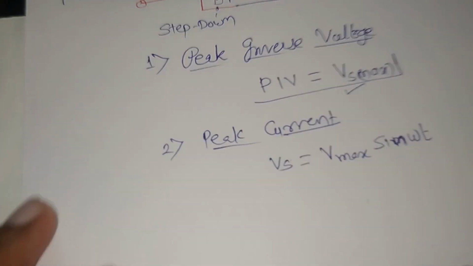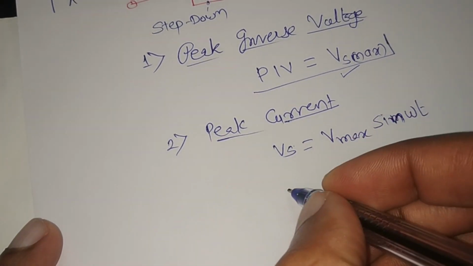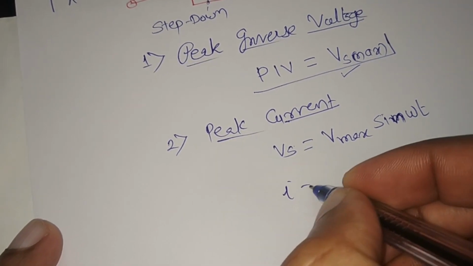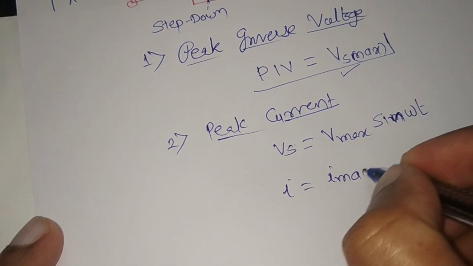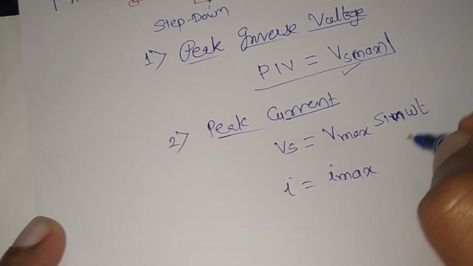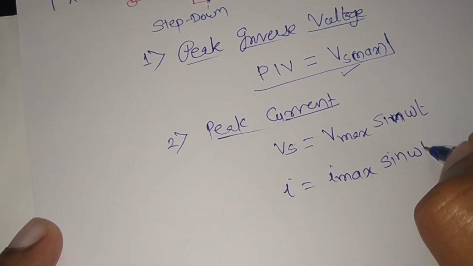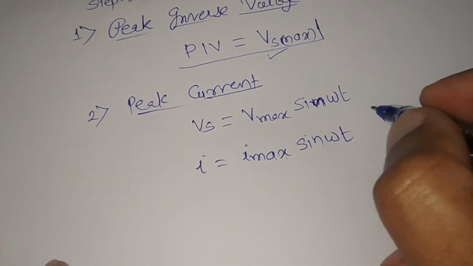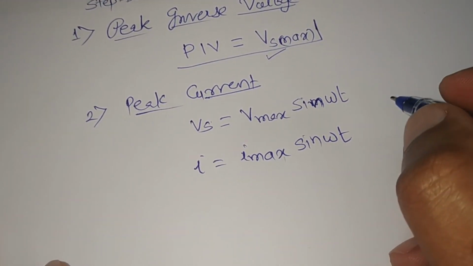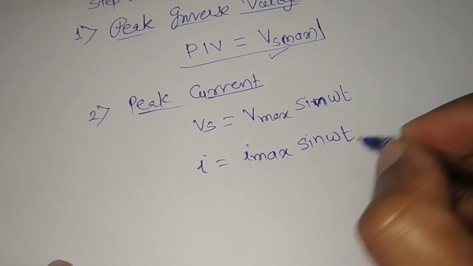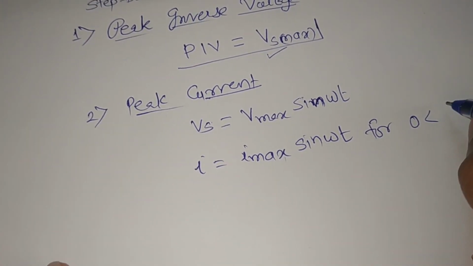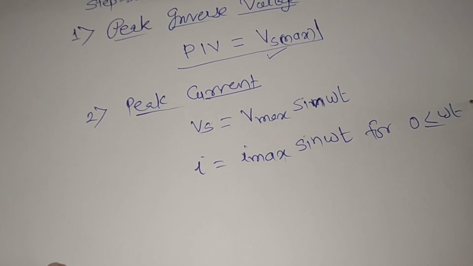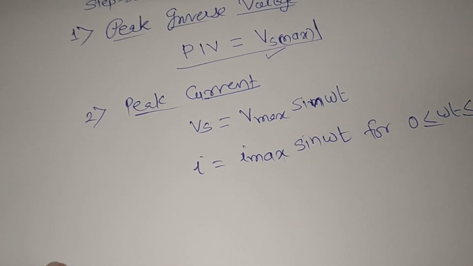So if we write the expression for current mathematically, I will have some maximum value, I max sine omega t. Current and voltages both are sinusoidal signals. This will be the value for limits between 0 to pi.